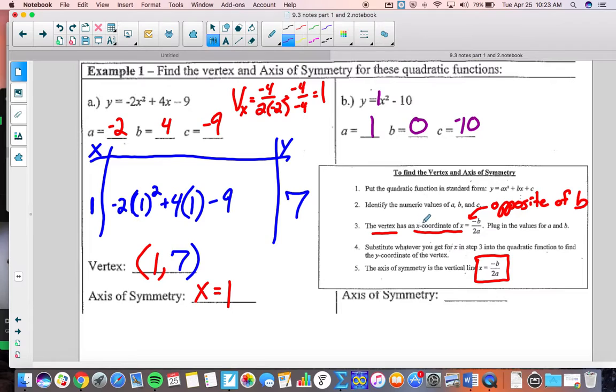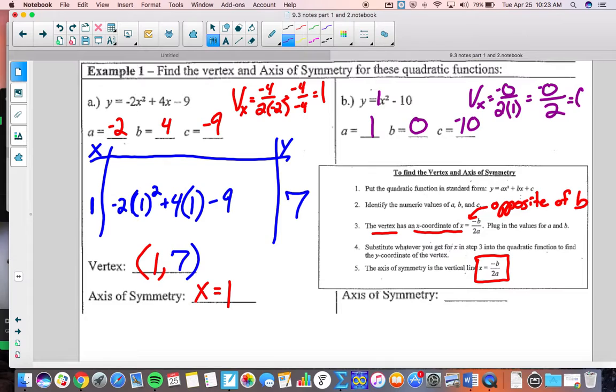So I've identified a, b, and c. Now the vertex has an x coordinate. So v sub x equals whatever the opposite of b divided by 2a is. Well, the opposite of 0 is like negative 0, but we don't need to, so I'll throw a negative there just if you want me to. But negative 0 divided by 2 times 1, because a is 1. So we get negative 0 divided by 2.